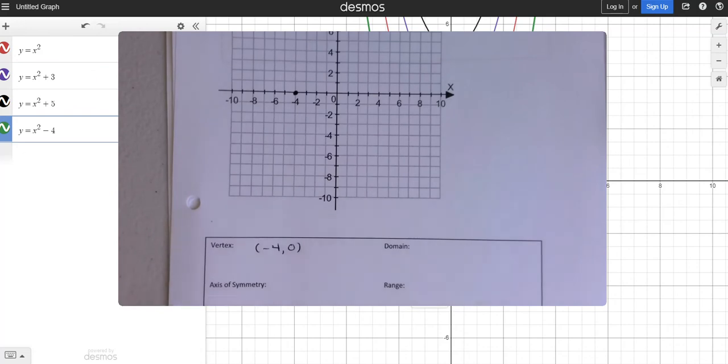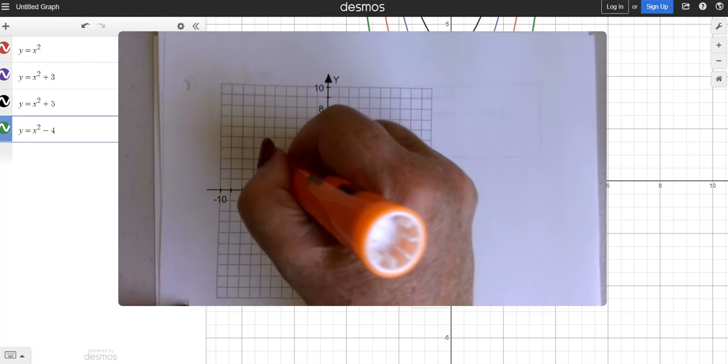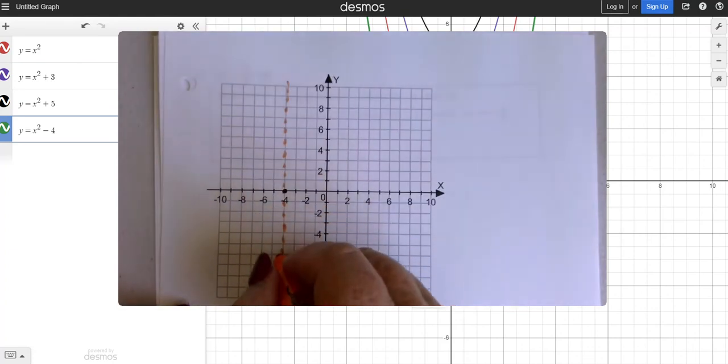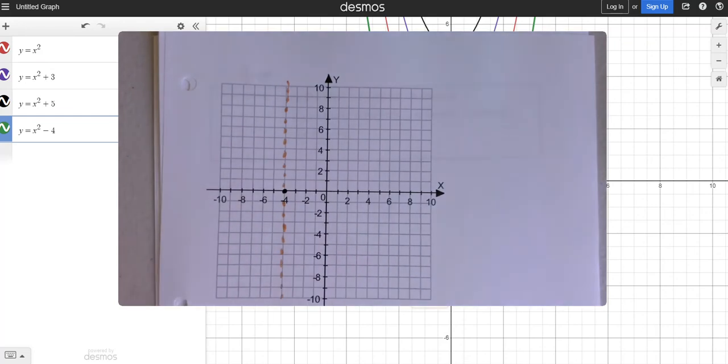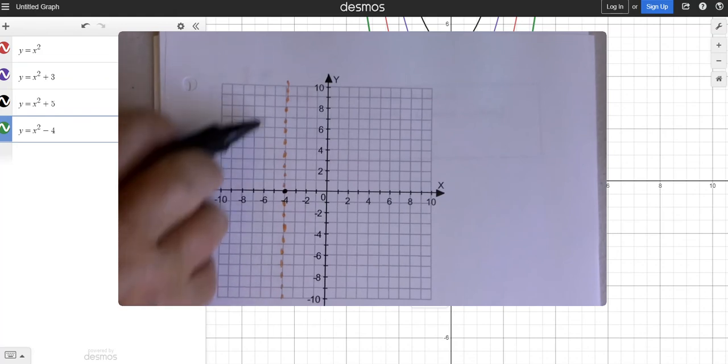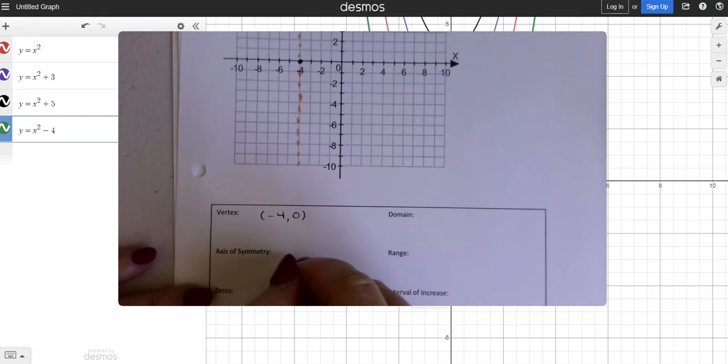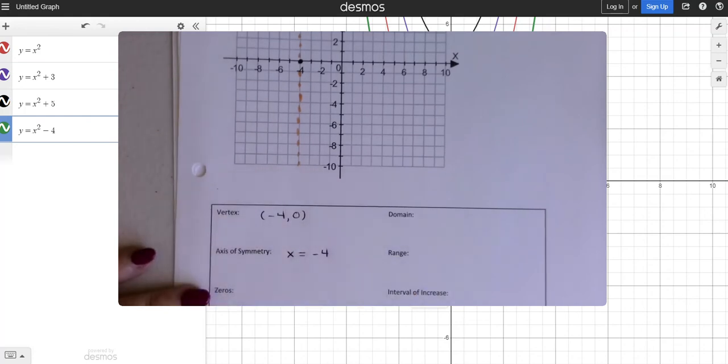If I want to, I could go ahead and draw in the axis of symmetry right now as well. It's always the vertical line through the vertex. And the equation of that vertical axis of symmetry would be x equals negative 4.